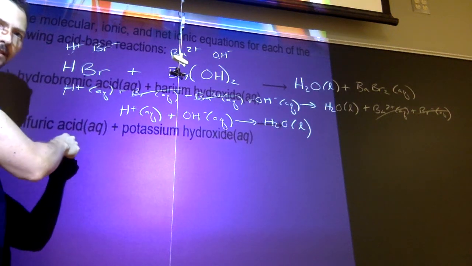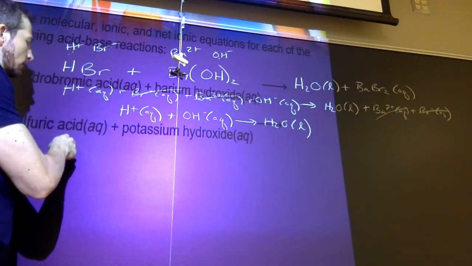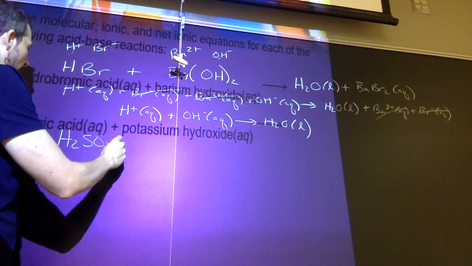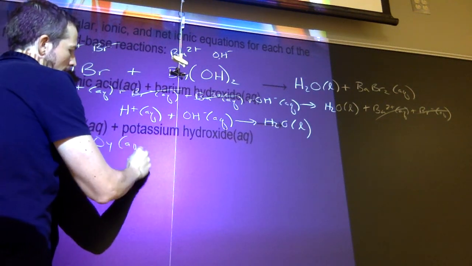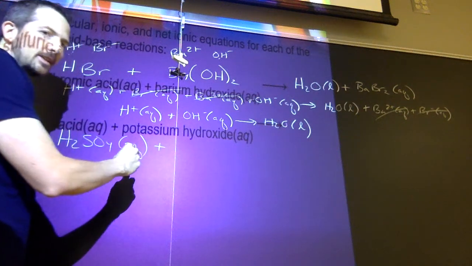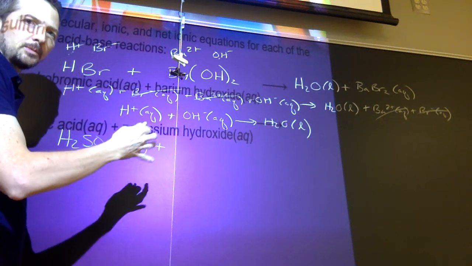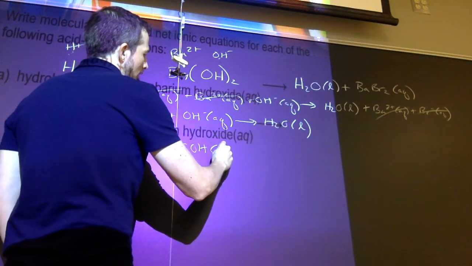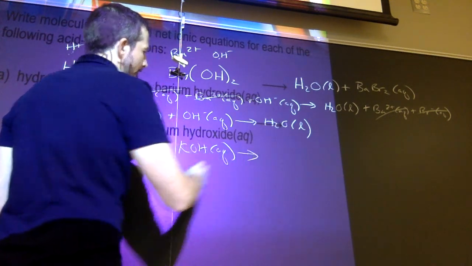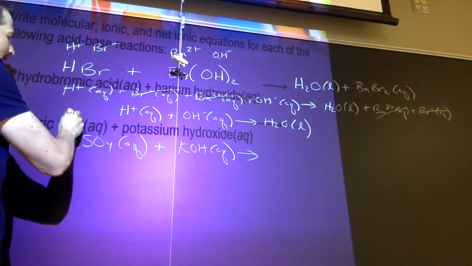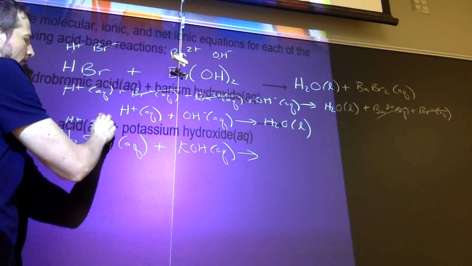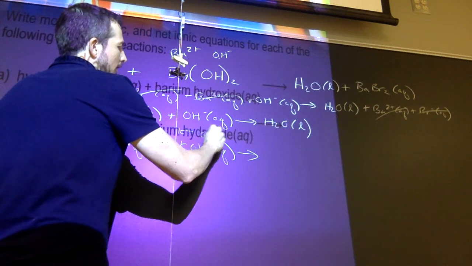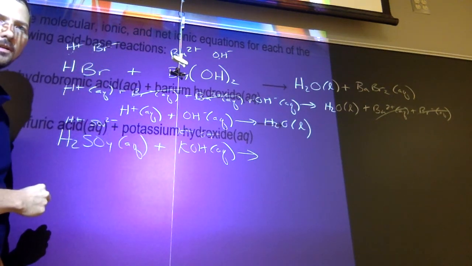So sulfuric acid, you have to remember how to name acids and write names for that. So H2SO4. Potassium hydroxide. OH is a minus, potassium is a plus 1, so it's just KOH. So I have H plus, SO4 2 minus, K plus, hydroxide, OH minus.